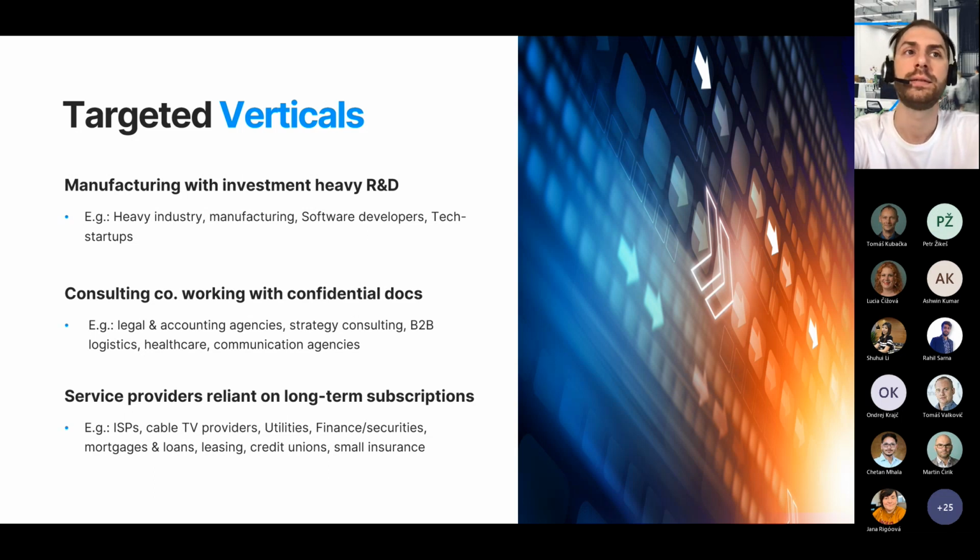Then there is another group of companies that are providing consultancy services. So those are companies working with confidential materials of their clients, companies like legal agencies, accounting agencies, companies that provide strategy consulting or strategy communication services, or even healthcare consulting and healthcare services.